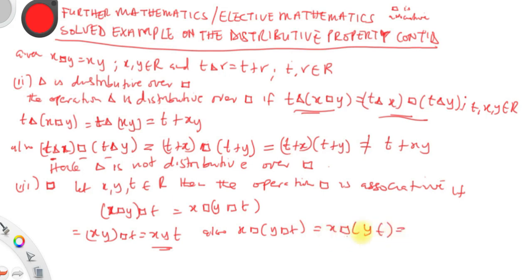So x square into bracket yt is equal to xyt, which is the same as x square y square t. So you say that hence the operation square is associative.